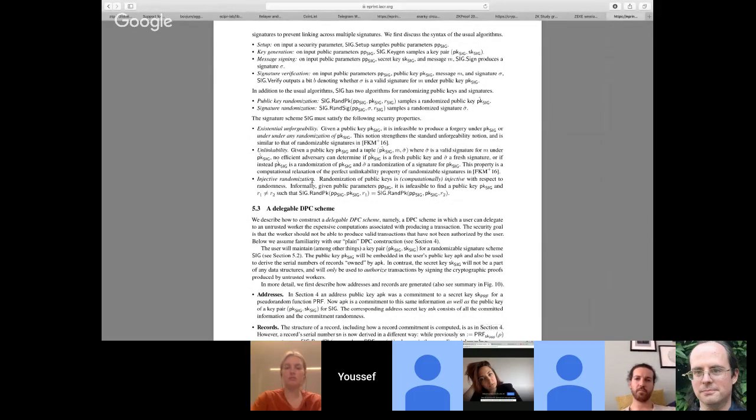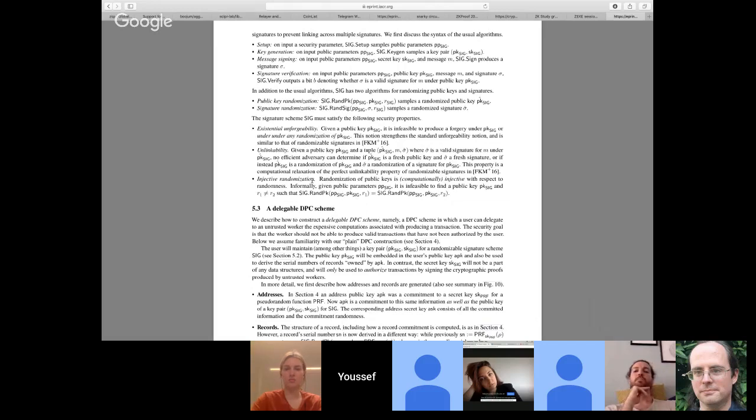Well, these randomized signatures are deterministic, and we said that they are injective. Those derived public keys, those randomized public keys, will be different if the random is different every time. And basically the serial number is this randomized public key. So in a deterministic way, we are sure that there is no double spending.